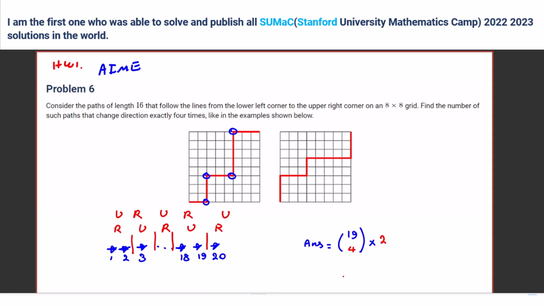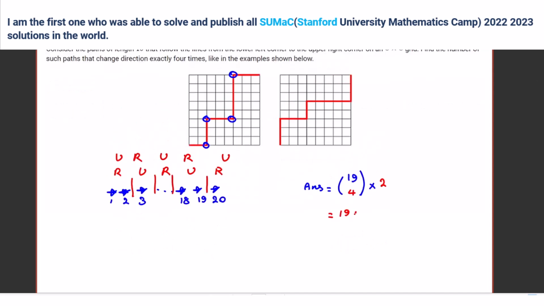Okay, I see. Okay, and 19 choose 4. If it says find the number of such paths that change 4 times, exactly. Okay. And it doesn't have anything. So this number is obviously greater than 1000, right? Which in the end it should say find the answer in terms of 1000.